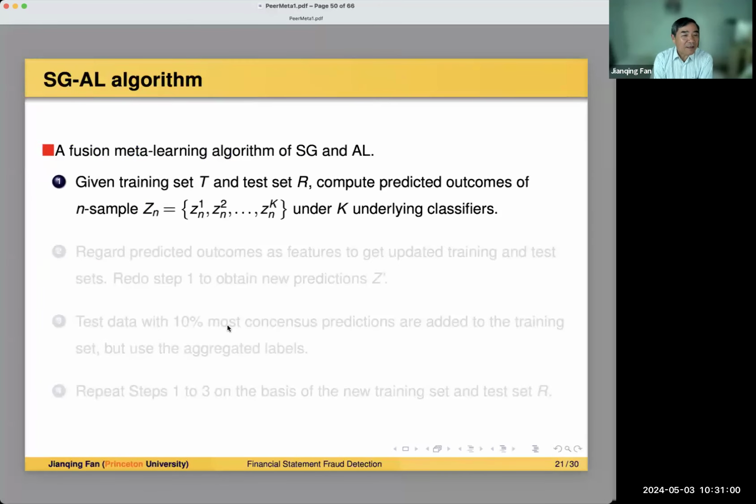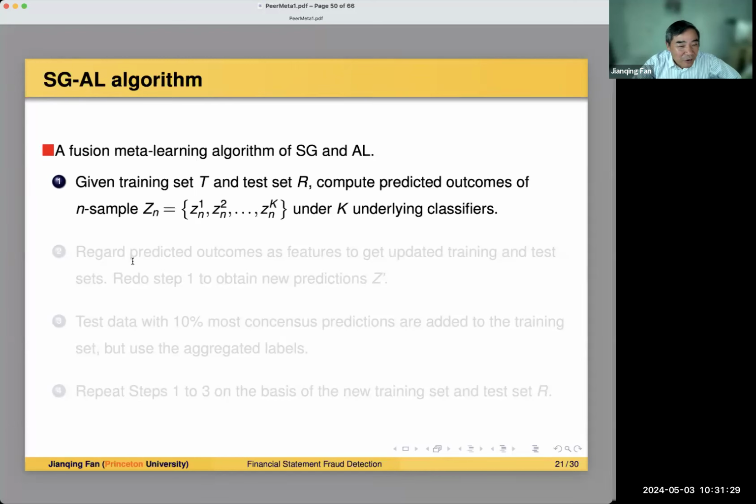Okay, so this is the learning algorithm. First, we split data into training and testing as usual. Based on the training sample, because I have K classifiers, I get K outcomes. Typically we just take a majority vote, which is a simple way of aggregation.